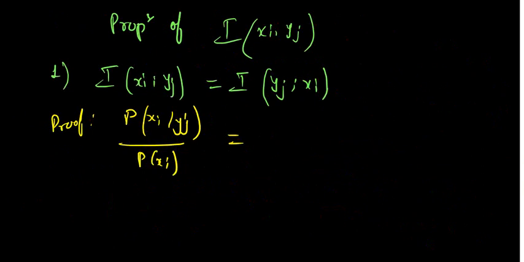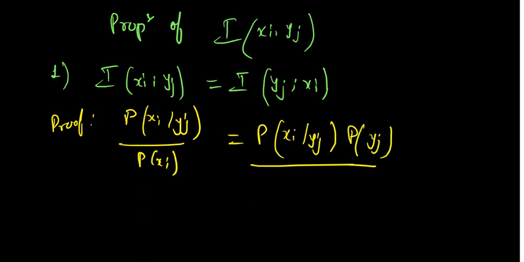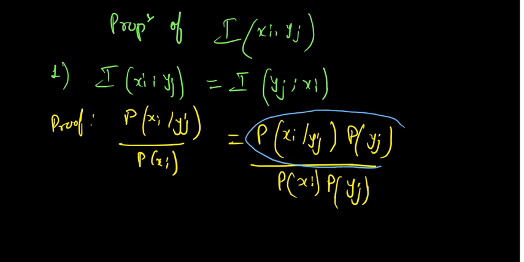I am multiplying both numerator and denominator by p of yj. Now the numerator can be written as p of xi and yj, that is, the probability of the combined occurrence of xi and yj, and the denominator as it is.